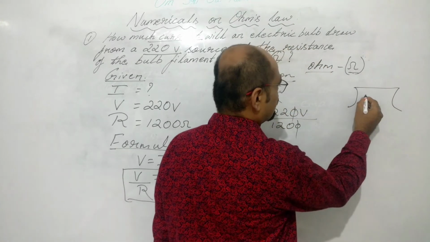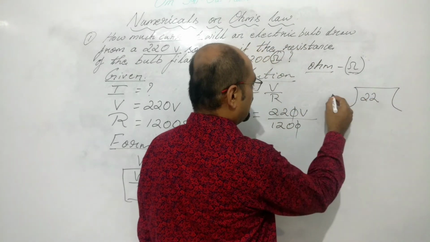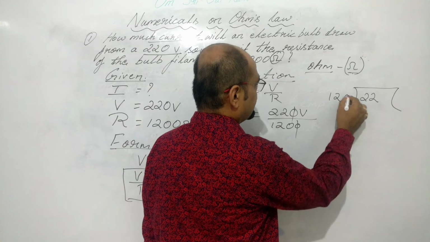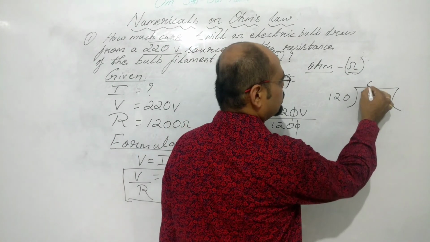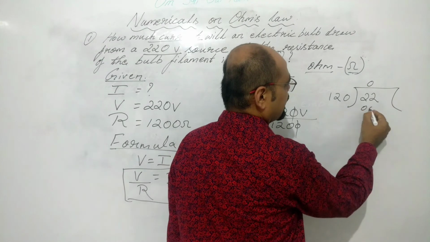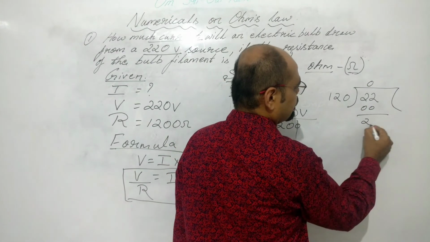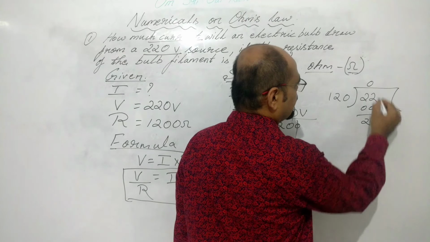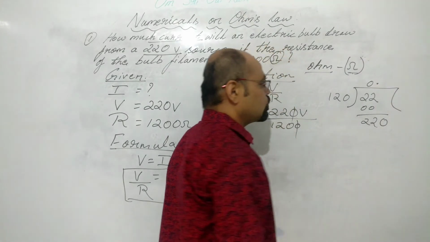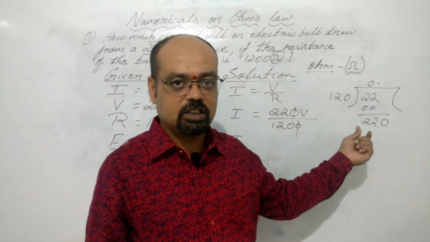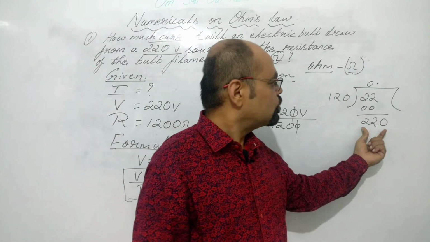We have 22 and 120. Here it doesn't go, so we can write 0, take 22, take it down. Now take a point here, take 0. So 120 into how much is 220?